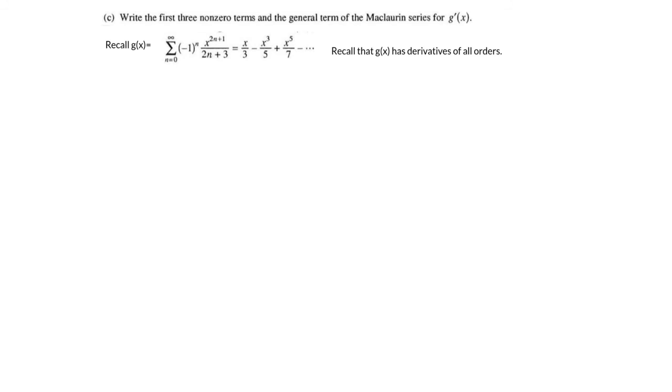So the last part of this is computing the first 3 non-zero terms and the general term for the Maclaurin series for G prime of x. In the beginning part of the problem, it tells us G of x has derivatives of all orders. That means we can take derivatives of all these things. Now, I like to do this term by term at first, and then do the general term.